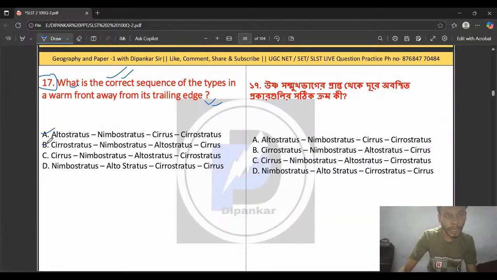Option B, cirrostratus, nimbostratus, altostratus, and cirrus. C, cirrus, nimbostratus, altostratus, and cirrostratus. Option D, nimbostratus, altostratus, cirrostratus, and cirrus. These questions are taken from the climatology part, cloud classification.